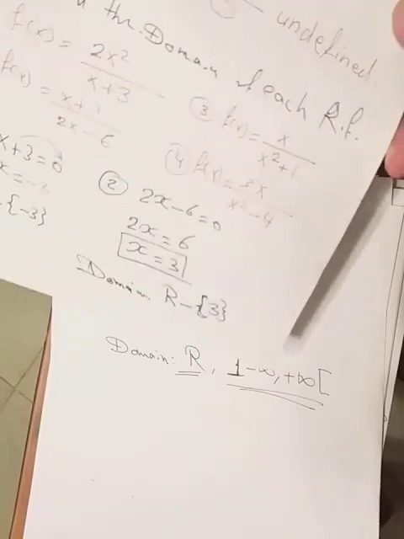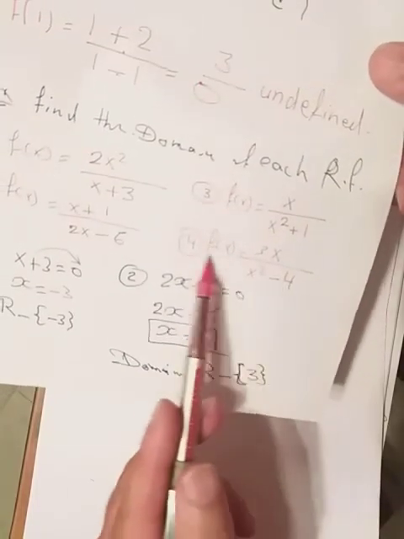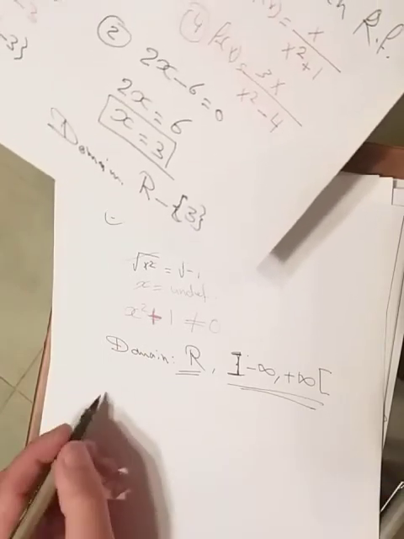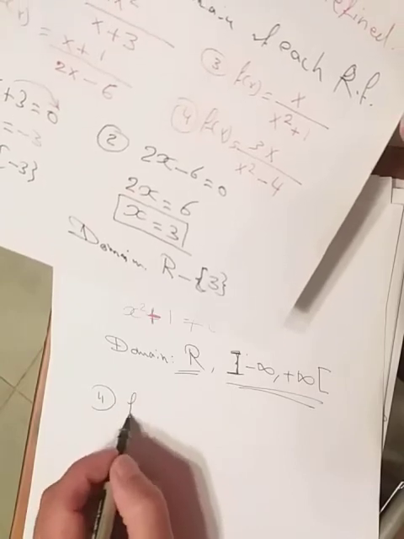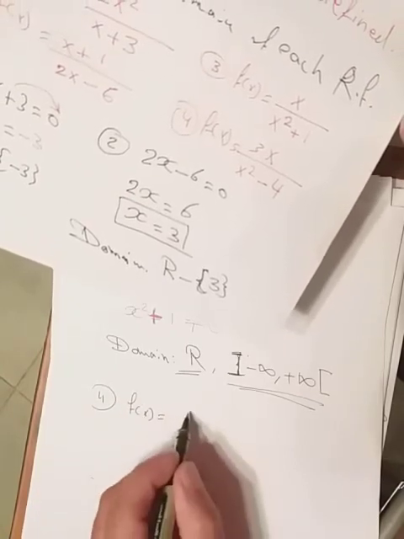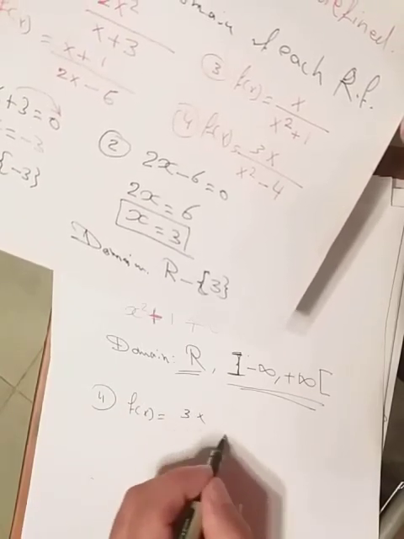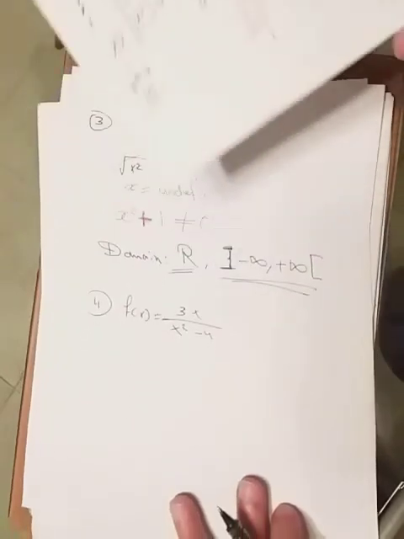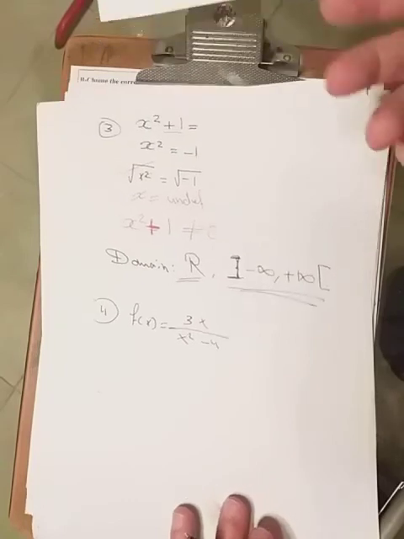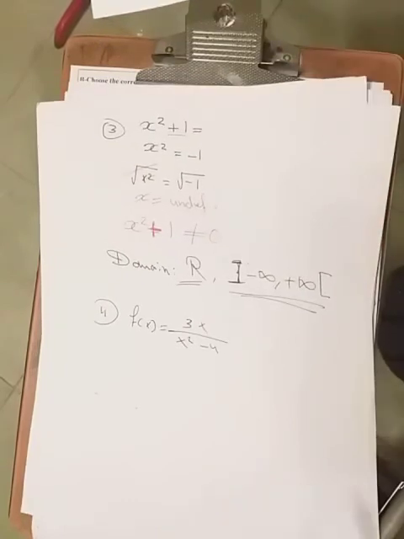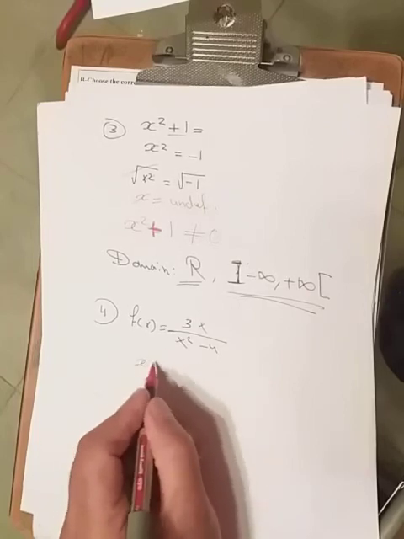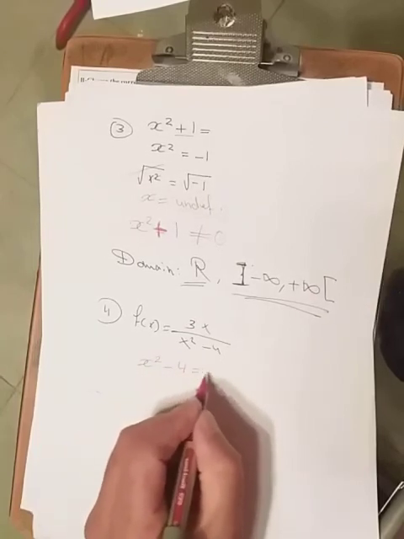Four: f of x equals 3x over x squared minus 4. Find the domain. Take only the denominator and set it equal to 0.